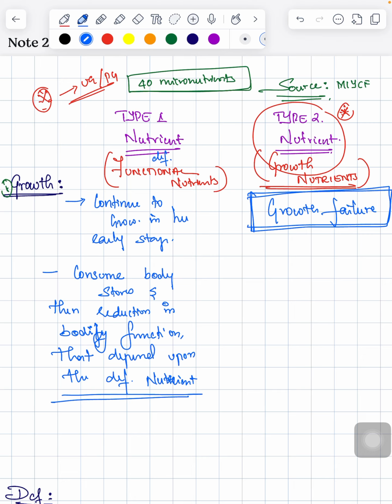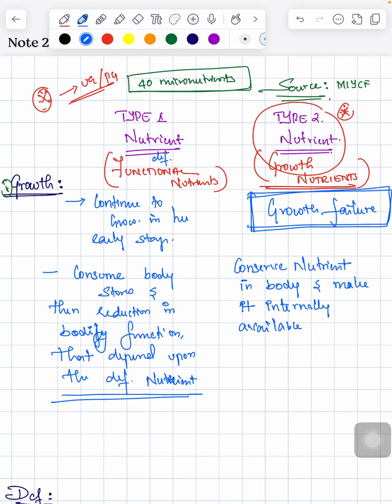They will conserve the nutrient in the body and make it internally available to the organs, to maintain the nutrient concentration in the tissues.